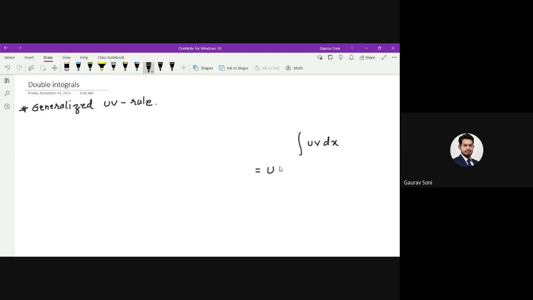So u, when I take the integration, suffix represents integration, and power represents derivative.